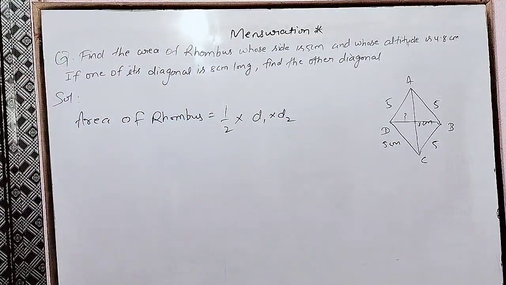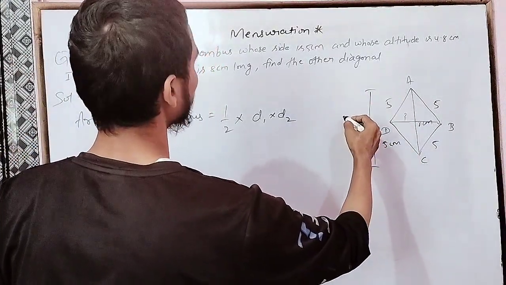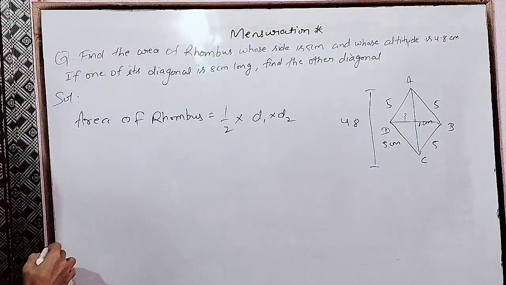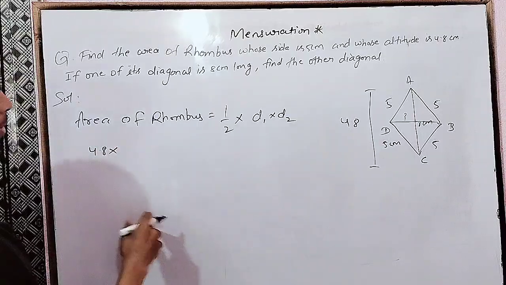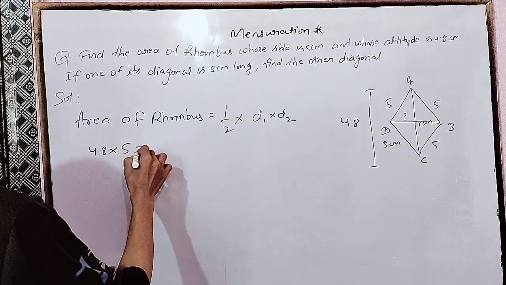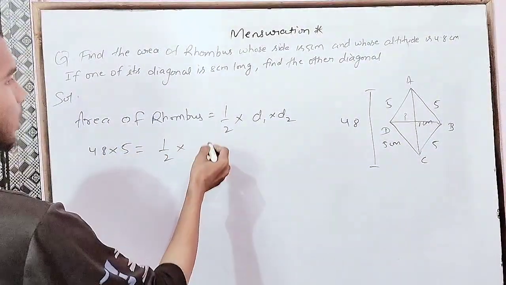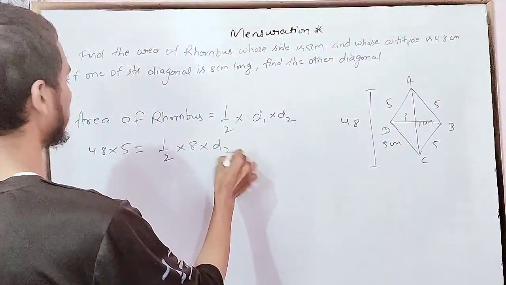Okay, this is the formula to find it. Now, we don't know the area of the rhombus, but the altitude is 4.8 centimeters. So 4.8 multiplied by the base. Base is 5. Okay, 1 by 2 multiplied by diagonal 1, which is 8 centimeters, and diagonal 2 we don't know.